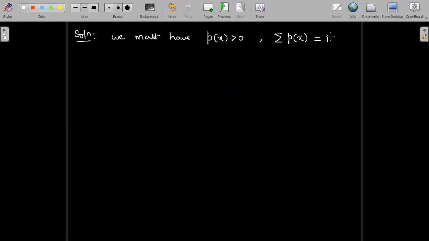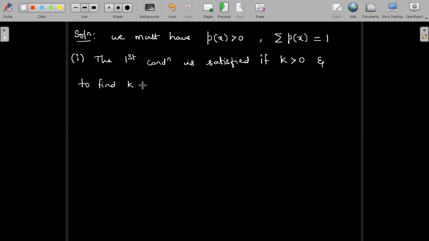Now, to find the value of k, let us begin with the first condition. The first condition is satisfied if k is positive, and to find k, we consider the second condition and proceed.